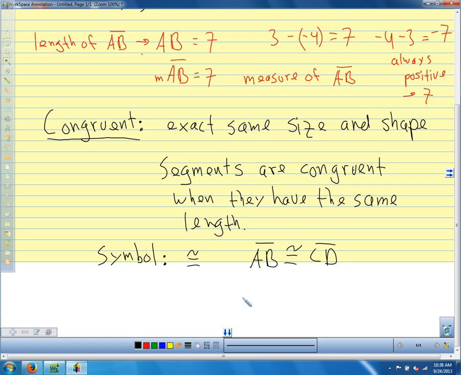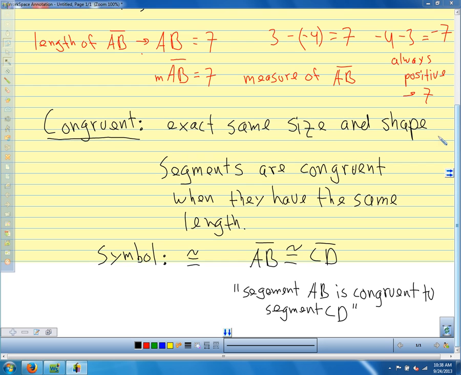What this tells us is that we would say segment AB is congruent to segment CD. That's what we would say when we saw this symbol. And when two segments are congruent, we know they have the same length. When two segments have the same length, we know that they're congruent.